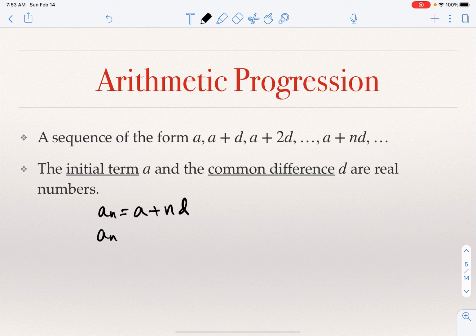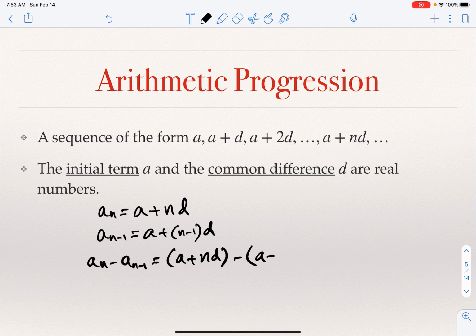If you look at an minus 1, it is a plus n minus 1 times d. And if you subtract them, you get a plus nd minus a plus n minus 1 times d, and what you get from this is d. So this is why we call d the difference.